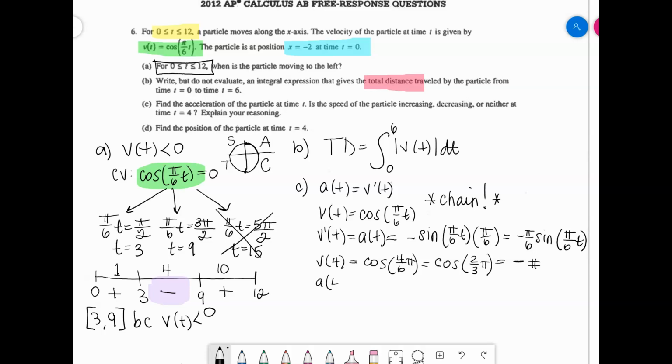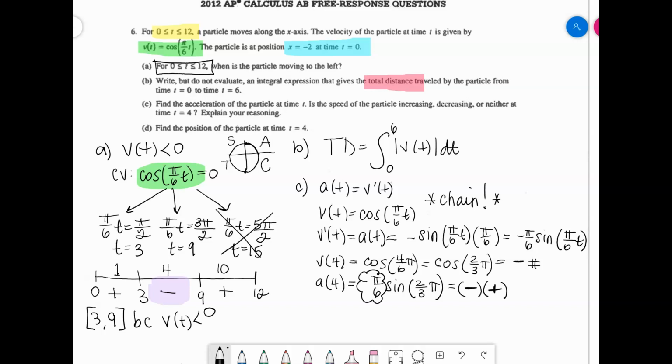Then the acceleration at 4 would be negative pi over 6 sine, plug in a 4 there, so it'll be 4 pi over 6, which is 2 over 3 pi. So we have this negative pi over 6, and we're multiplying it by the sine of 2 over 3 pi, which in degree form is sine of 120, which is in quadrant 2, and sine there is positive.